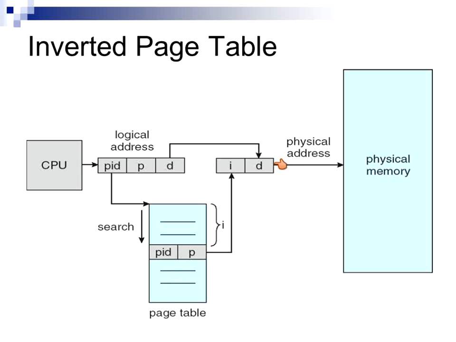So now there's only one entry in our page table for each page of real memory. Our logical address space could be very big, but our page table is never going to have more entries in it than we have actual physical frames in memory.